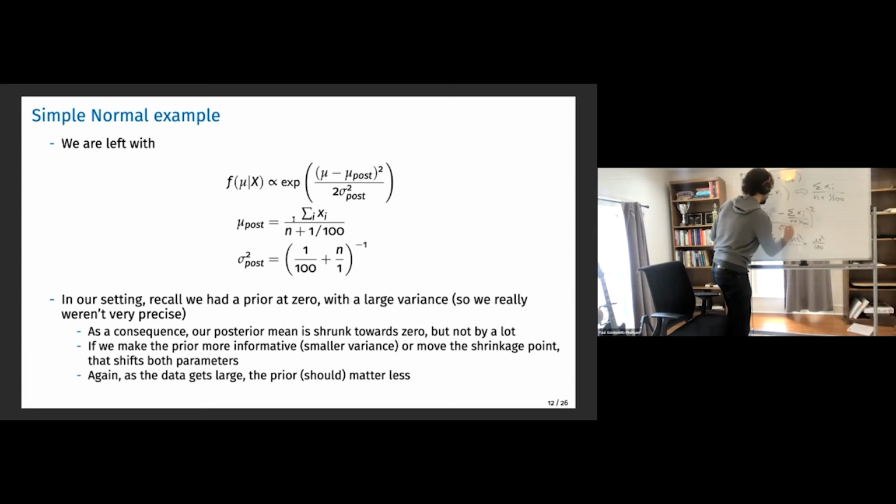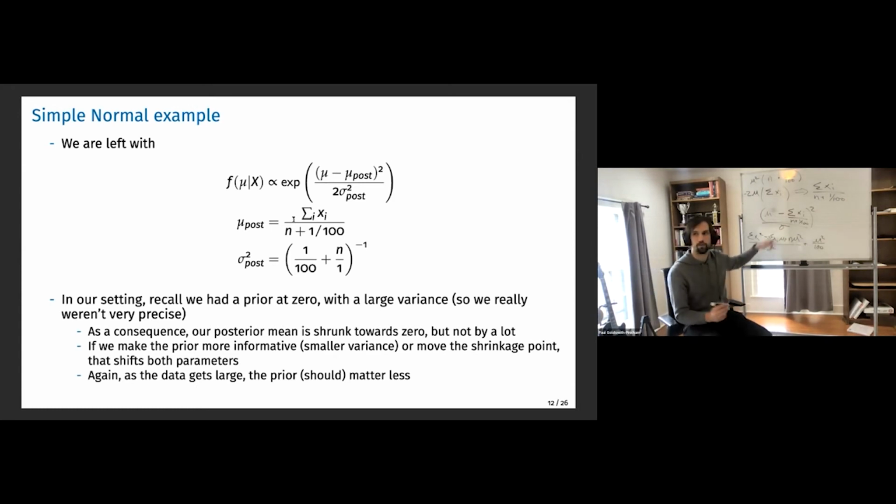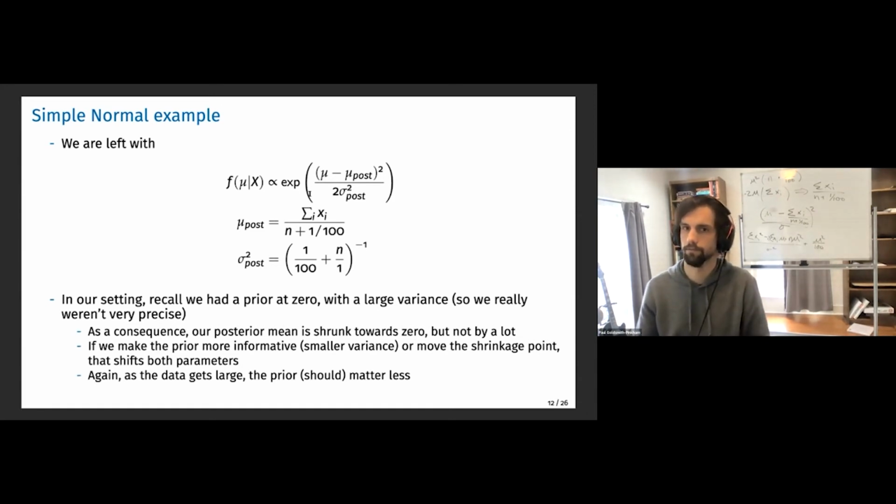We need some variance in the denominator here. And so the trick is to figure out what is the addition and subtraction that cancels out these terms. Okay. Any questions? It's been very quiet.